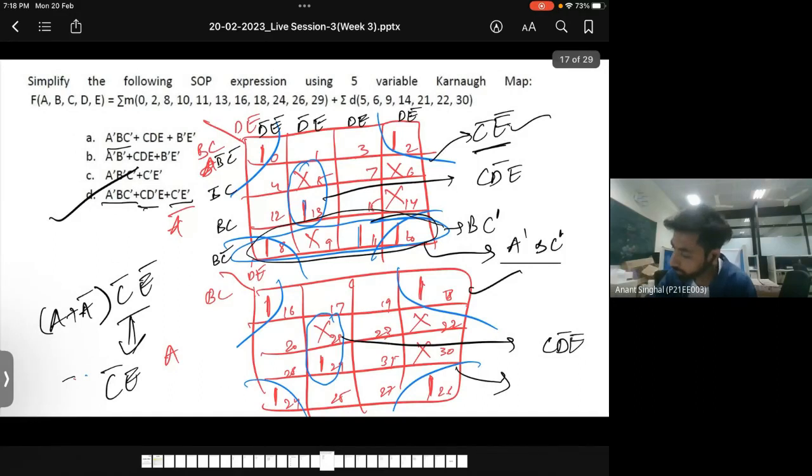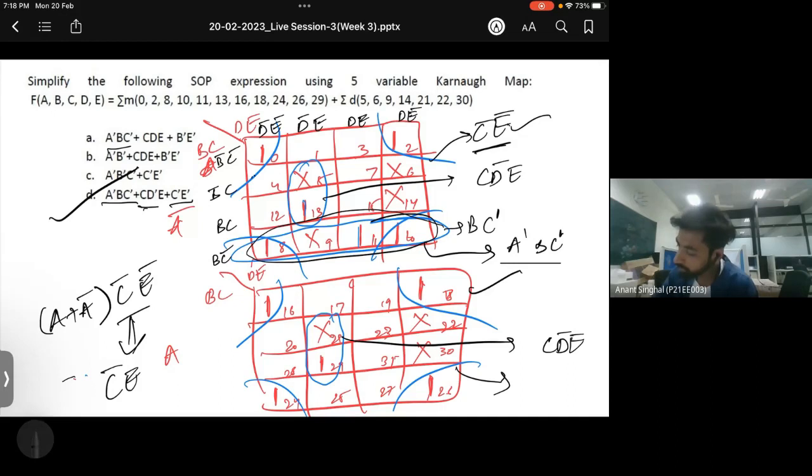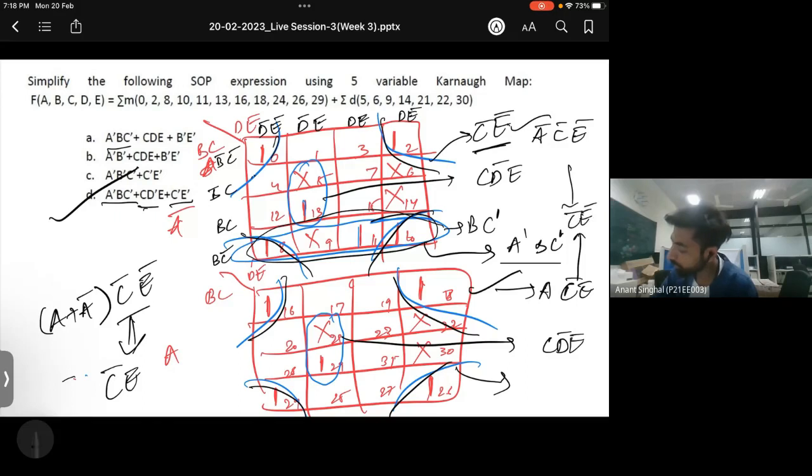I hope you get this thing mainly. For these corners, both had the same thing. So if I write for this, it will be A bar C bar E bar, and if I write for this, it will be A C bar E bar. And when I take common C bar E bar, it will be A plus A bar, which is 1 only. That is why this is only C bar E bar. And the same applies with these.